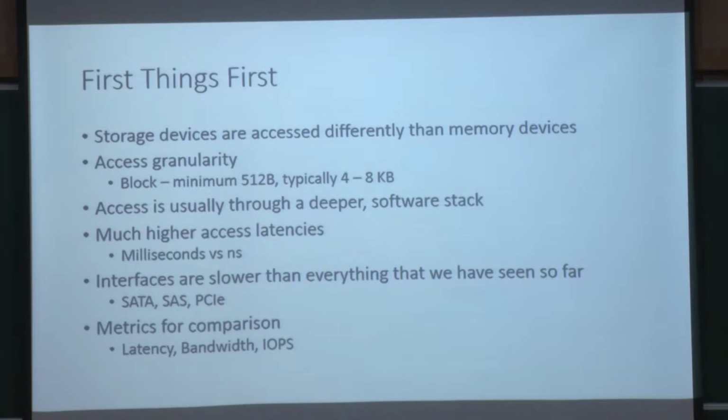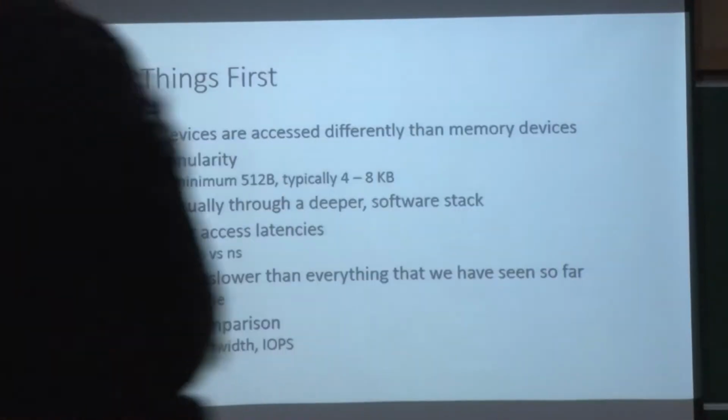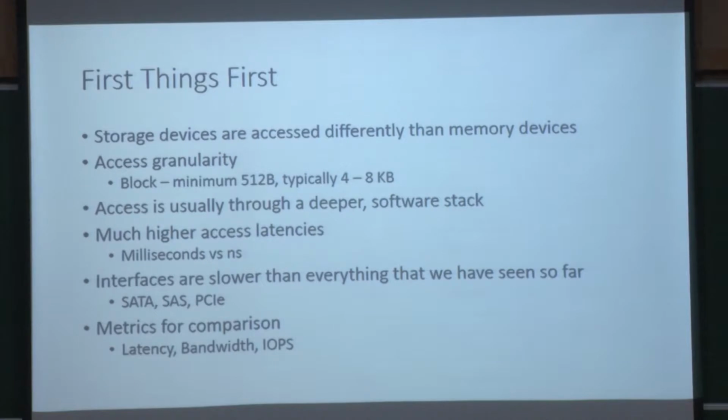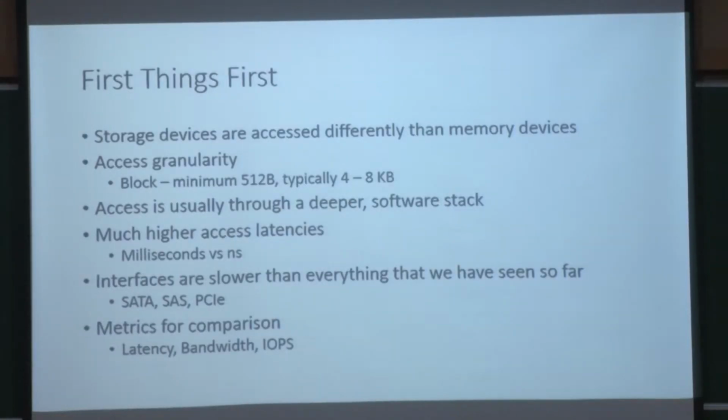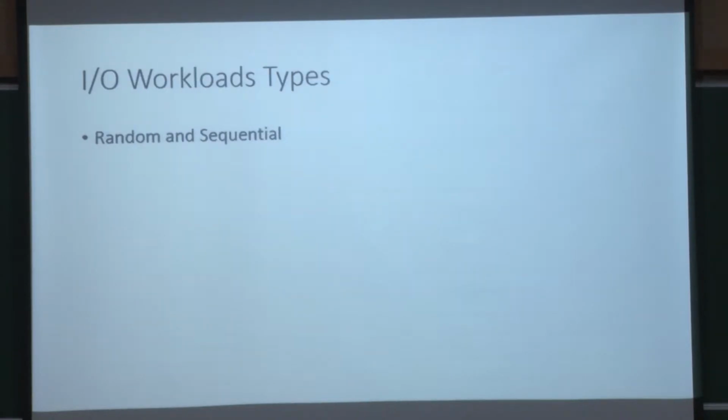Well, in this case, it's going to be at least 512 bytes, typically 4 kilobytes. So how many 4 kilobyte operations from this I/O device you can do determines how many input-output operations you can do per second, right? So the bandwidth here again is a function of the minimum access size, which is typically 512 bytes or 4 kilobytes.